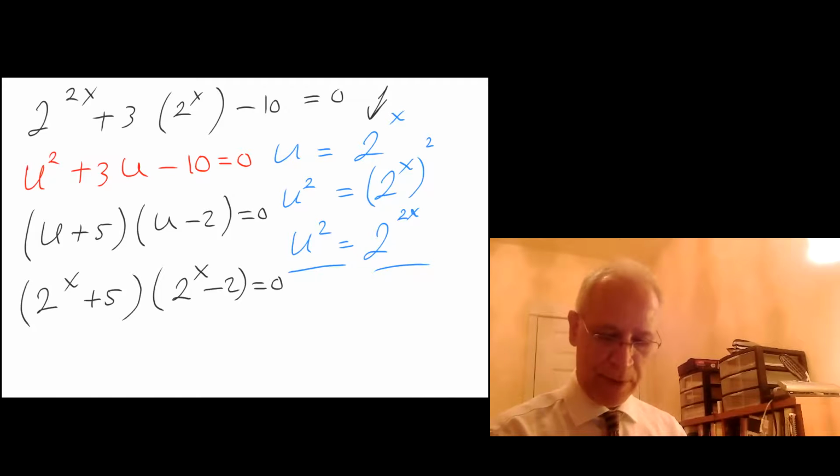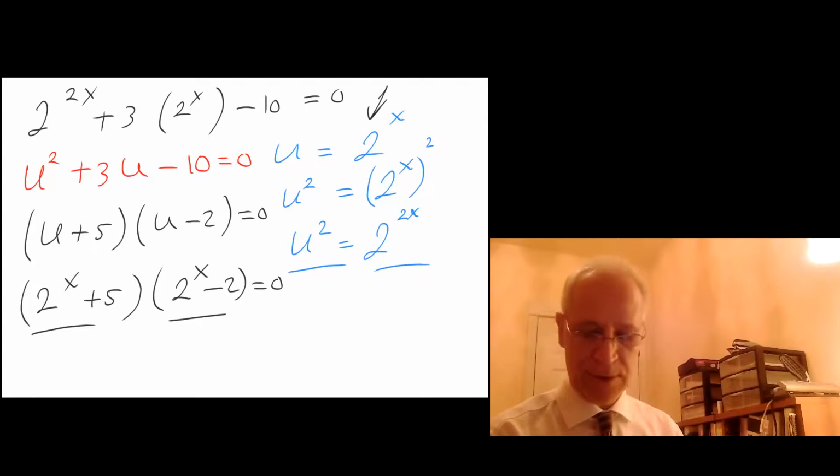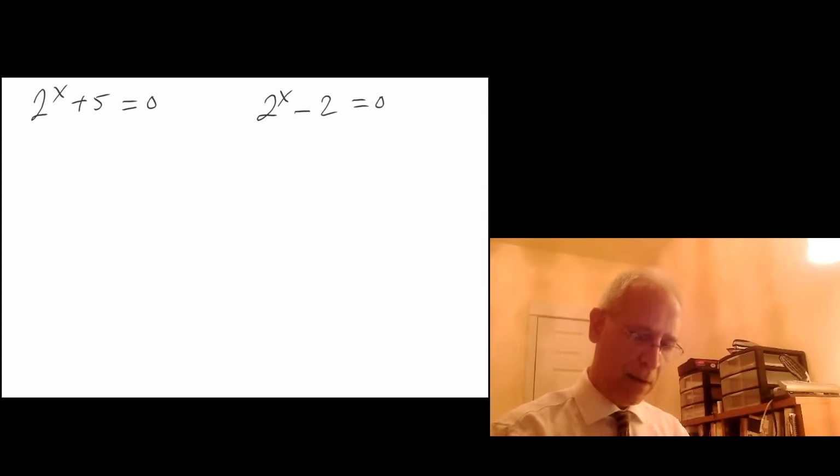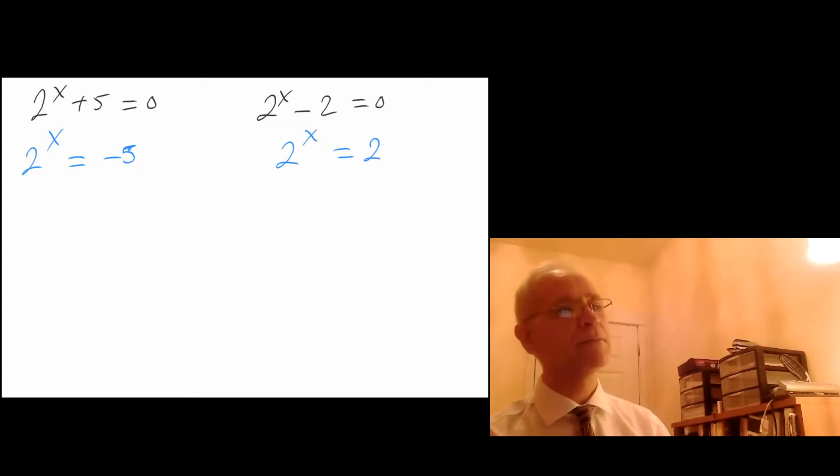So let's continue from here using the zero product property. I'm going to set each factor equal to 0: 2 to the power of x plus 5 equals 0, and 2 to the power of x minus 2 equals 0. So this gives me 2 to the power of x equals negative 5, and 2 to the power of x equals positive 2.